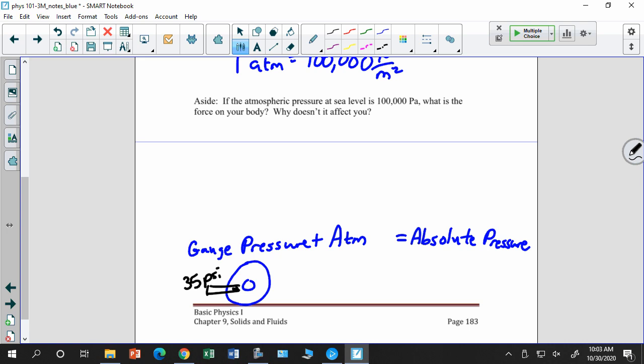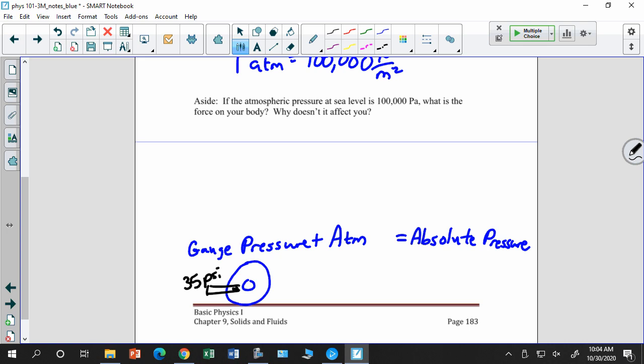In fact, the air inside your tires is 35 psi above and beyond the atmospheric pressure. So if you want to figure out the absolute pressure in your tires, you would just add atmospheric pressure at 100,000 newtons per square meter to what you measure in the tire, which is 35 psi. Okay? So it's just the sum of gauge and atmospheric pressure is absolute pressure.